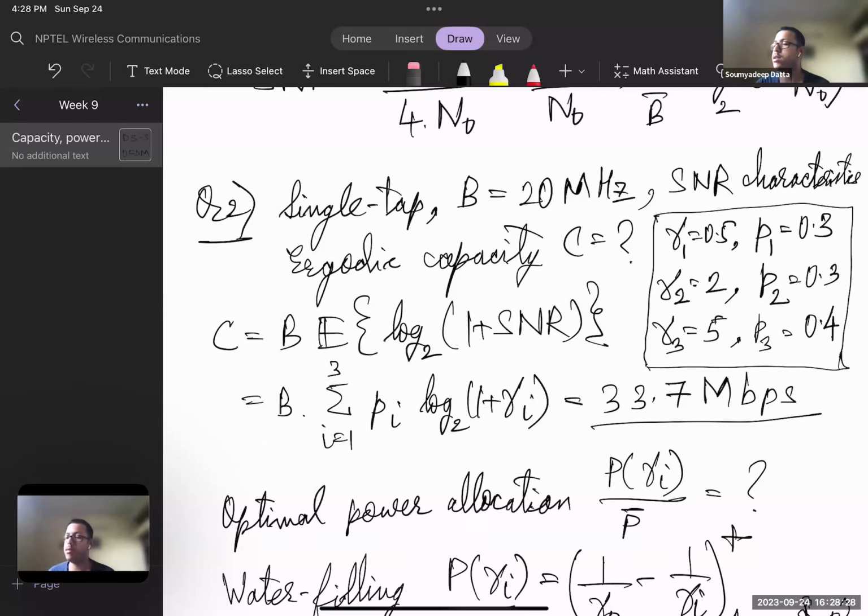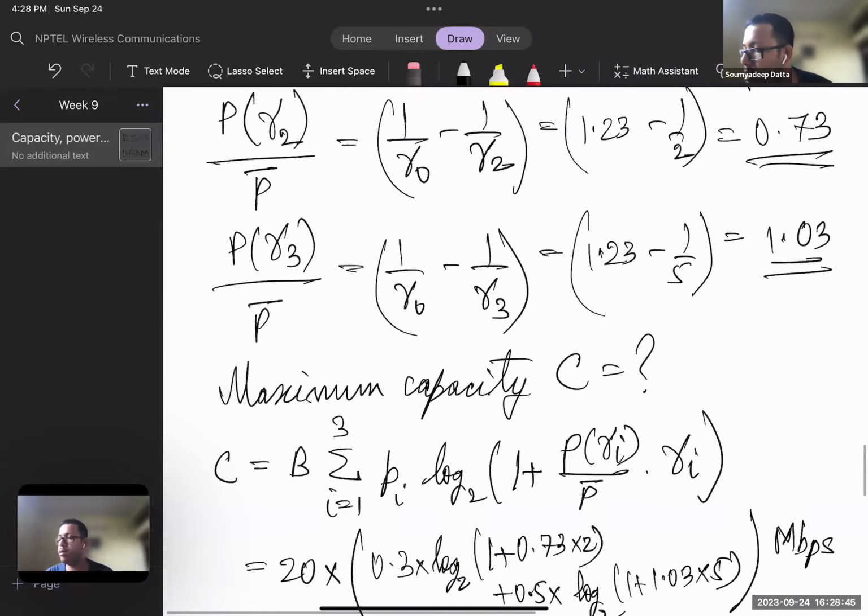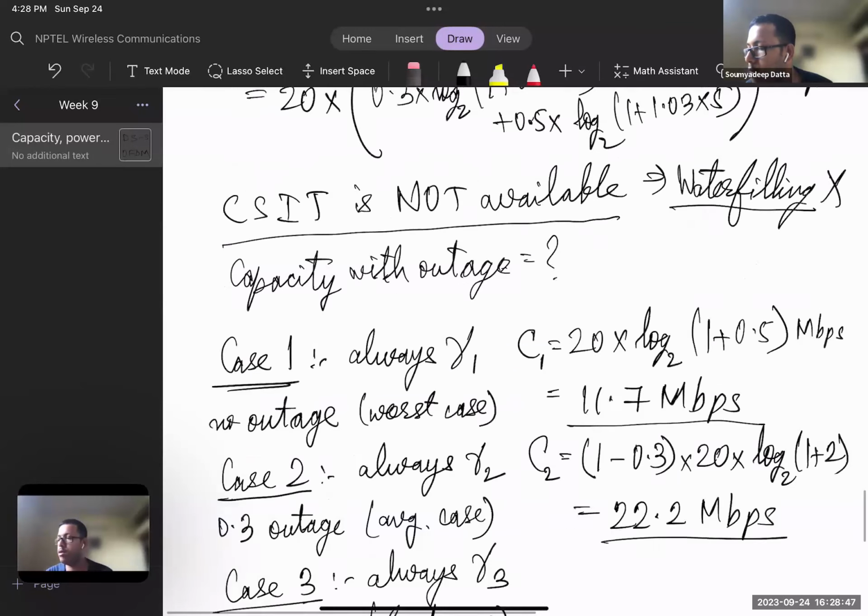If the detected SNR is less than this gamma 3 level, we'll just reject everything. Which means that 60% of the time, 0.3 plus 0.3, 0.6, we'll be just rejecting the signal. 40% of the time we'll be accepting. So 0.6 is the outage probability.